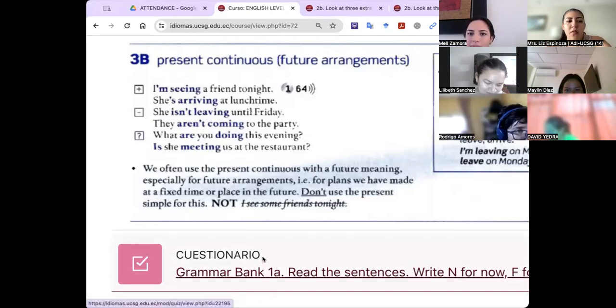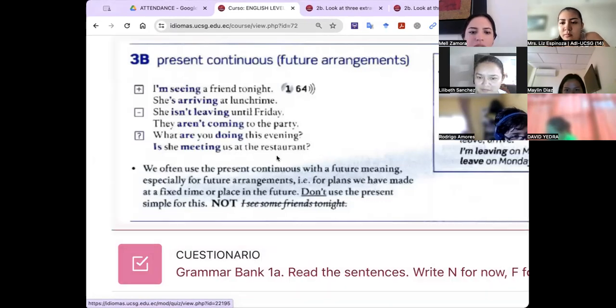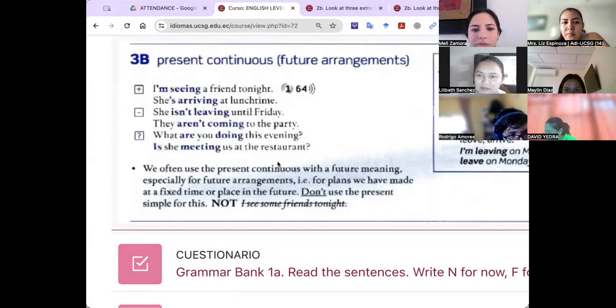Thank you. All right, so how many verbs do we have in present continuous for future arrangements? How many verbs can we see? One, two, three, four verbs. How many can you see? In each sentence, two.